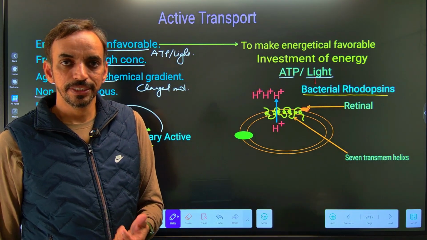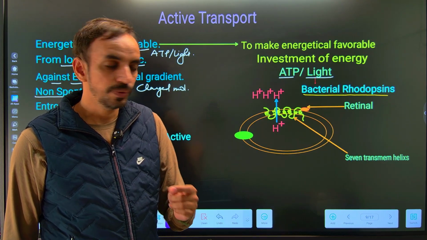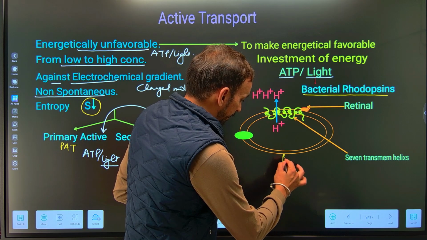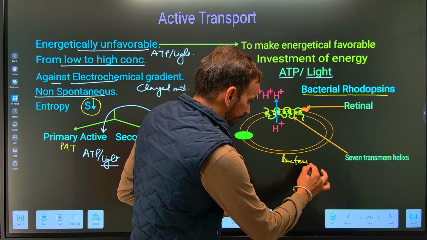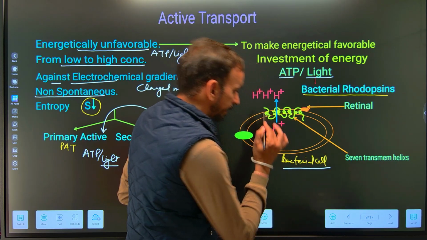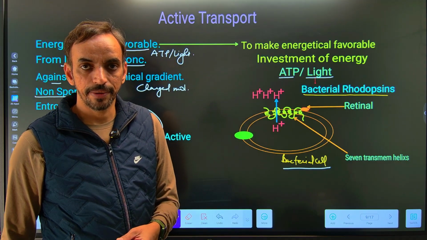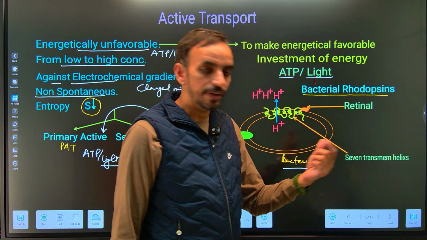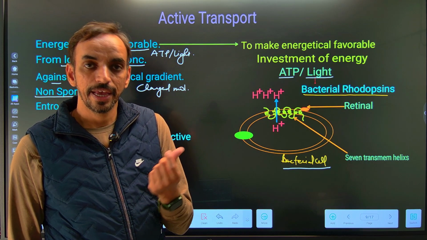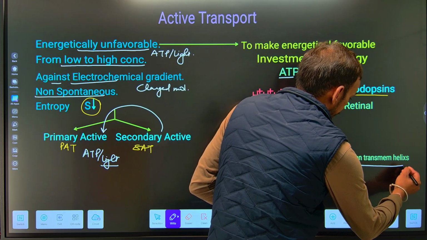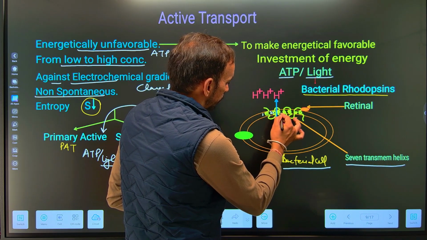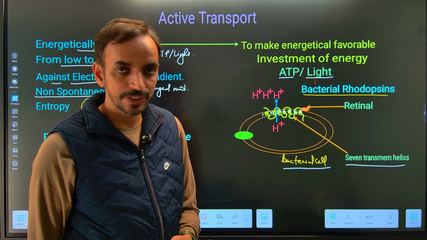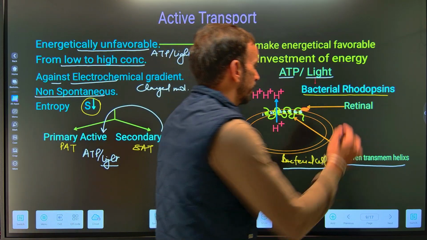Now the bacterial rhodopsins are transporter pumps present on the plasma membrane of bacteria. Suppose this is a bacterial cell and you have the bacterial rhodopsin on its membrane. If we talk about the structure of this transporter, it has 7 transmembrane helices, like 1, 2, 3, 4, 5, 6 and 7, which are alpha helical structures which finally attach to a retinal.